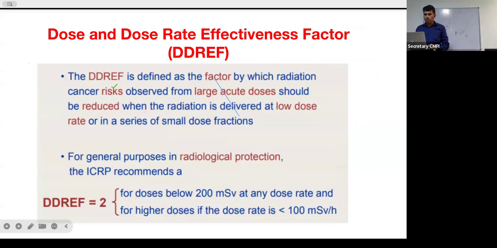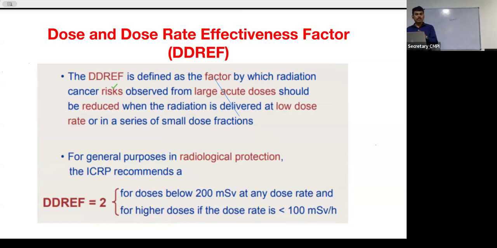Another terminology that you see while studying this risk model is DDREF. What is DDREF? Dose and dose rate effectiveness factor. DDREF is defined as the factor by which the radiation cancer risk observed from a large acute dose should be reduced when the radiation is delivered at a low dose rate in a series of small dose fractions.